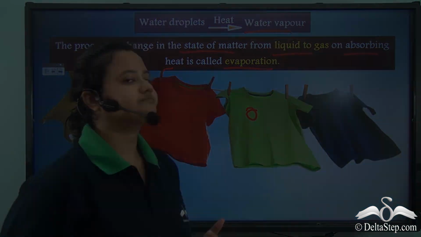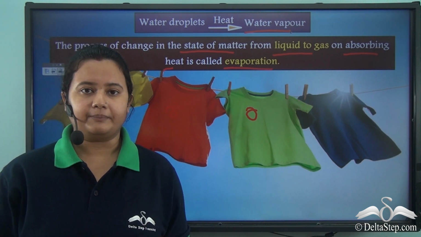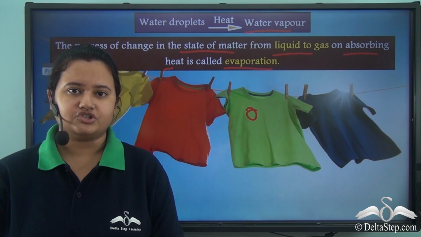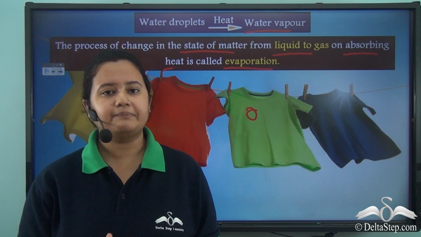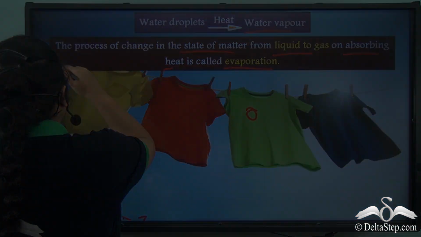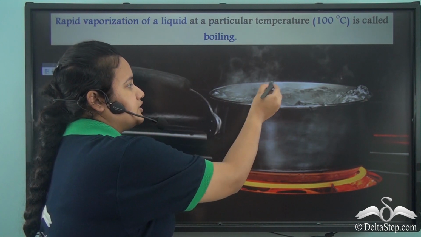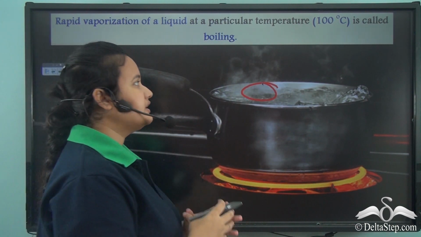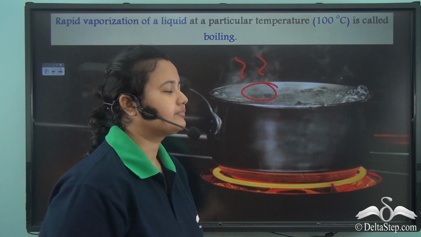Now evaporation is a surface phenomenon, and evaporation occurs at all temperatures, but it is more rapid at higher temperatures. Now you must have noticed that if you boil water in a bowl, the water slowly converts into steam or water vapor.